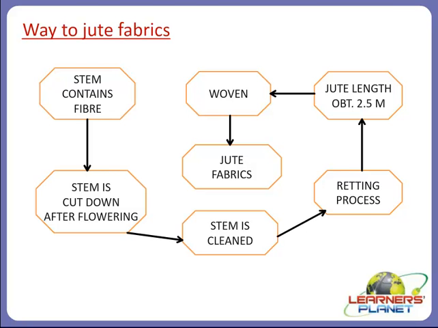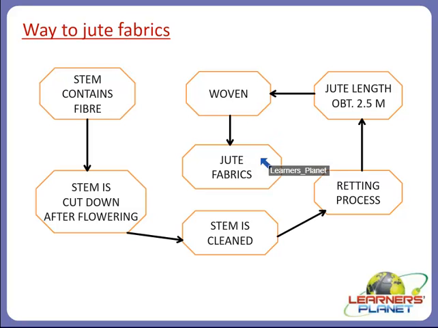Yes, jute is basically obtained from the jute plant, that means its stem which contains fiber, and then this stem is cut down after flowering. After flowering, the stem is cleaned and it is passed through the retting process, which we will discuss further. And this jute fiber length is obtained, which is about 2.5 meters. After that, this jute is woven into jute fabrics, right?